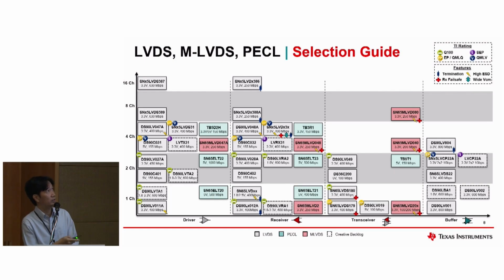Okay, so this is a selection of the product portfolio summary of LVDS and M-LVDS devices. Depending on how many channels you need, and whether you need a driver, receiver, transceiver, or only a buffer, you can pick the right device from this table.